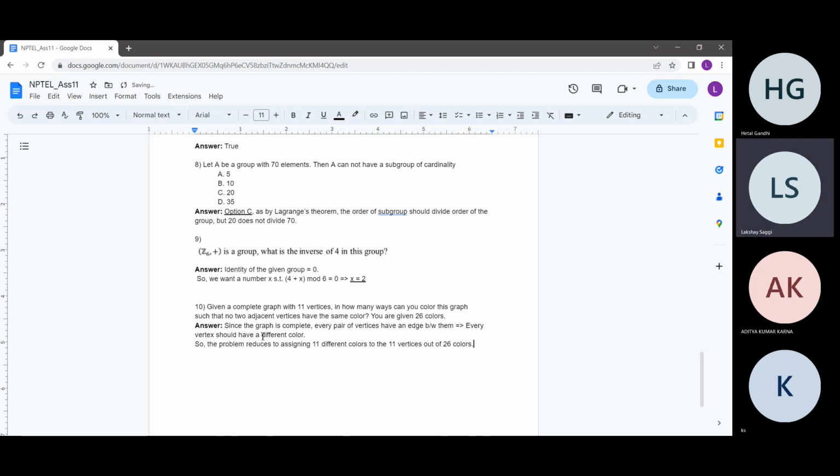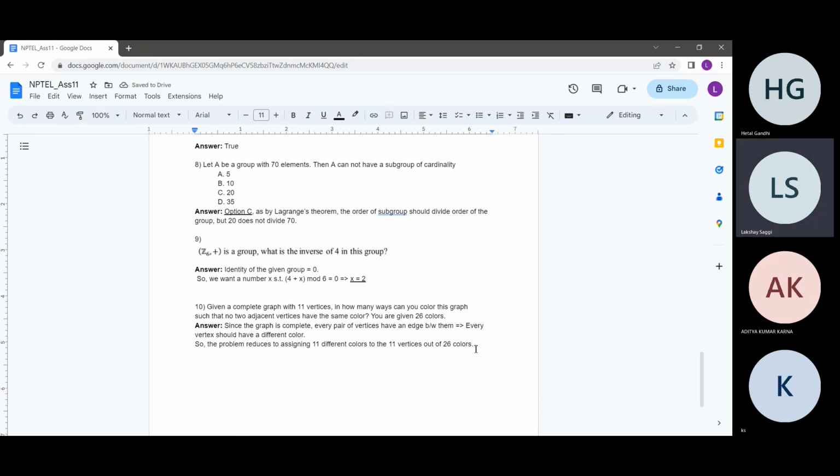So there are 11 vertices, and we need to assign 11 different colors to these vertices out of the given 26 colors. So this is the problem, straightforward.